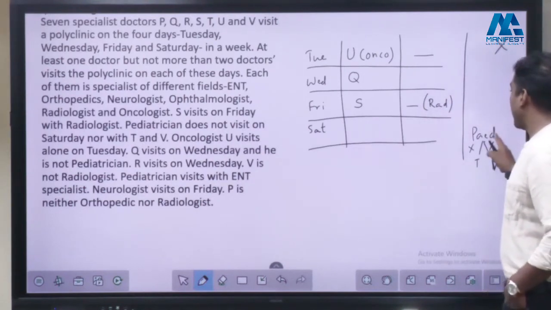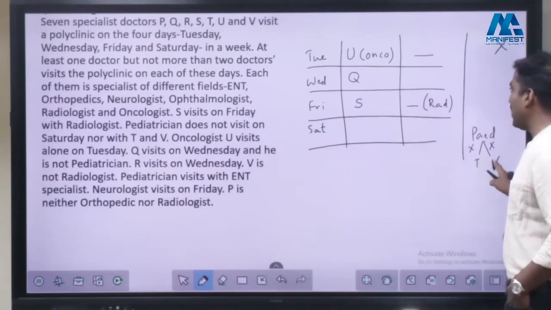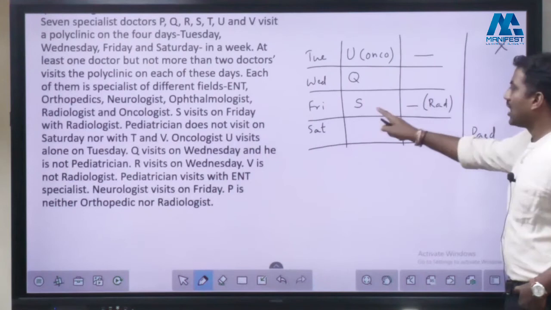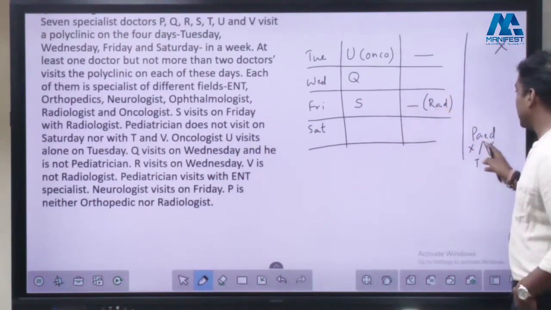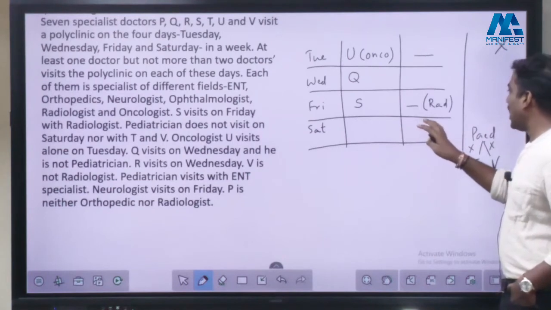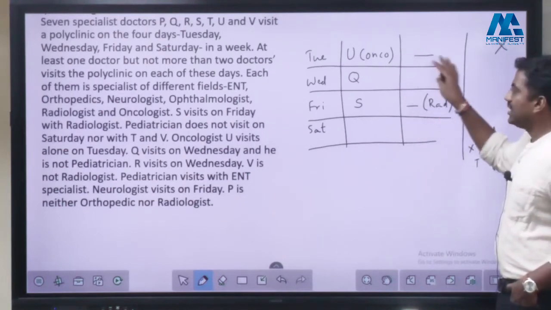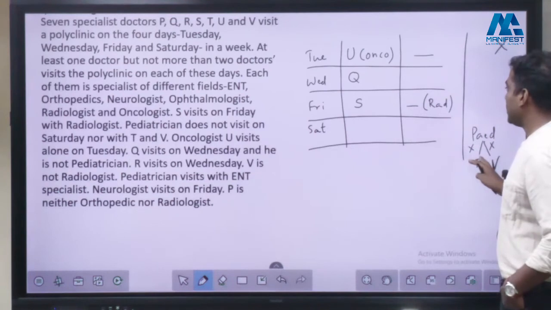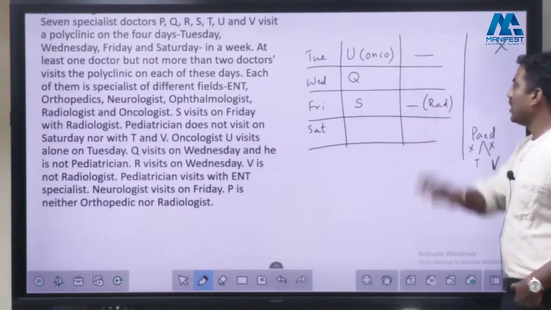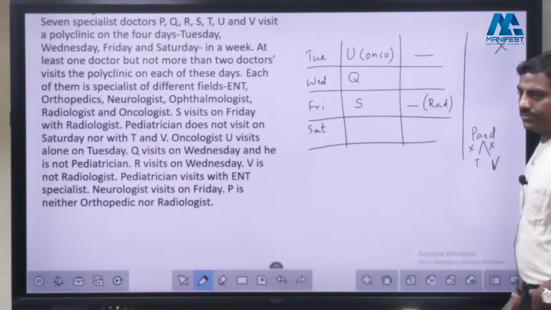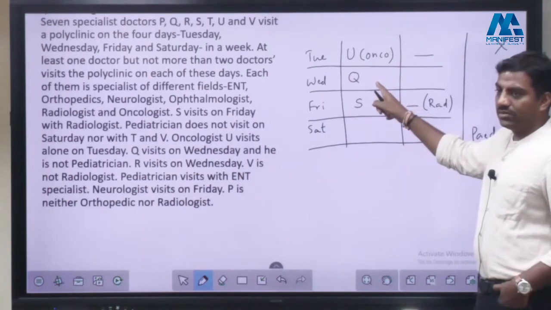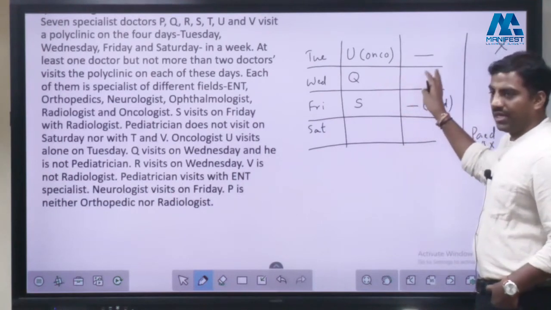See, the pediatrician cannot come along with T and V. And the pediatrician cannot come on Saturday. Tuesday is also occupied. And Q is not a pediatrician. If Q is not a pediatrician, then T and V can come here.